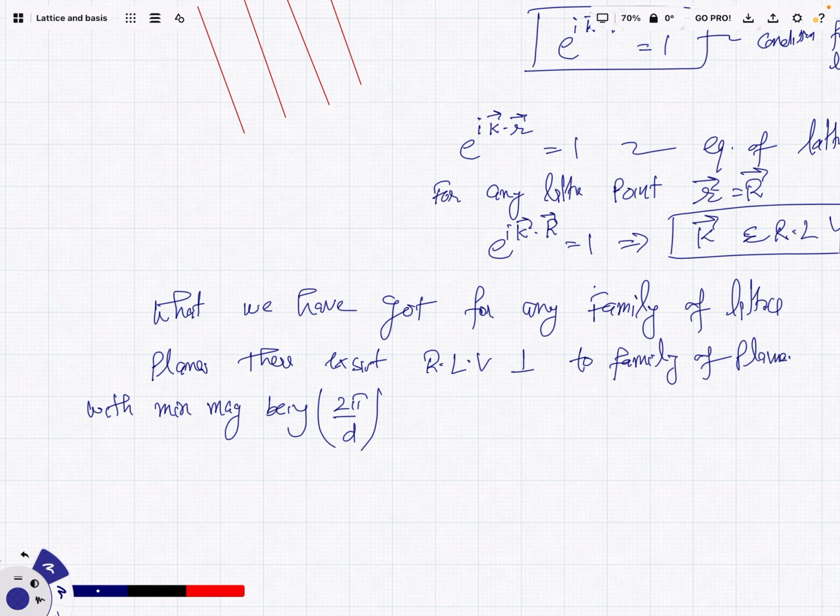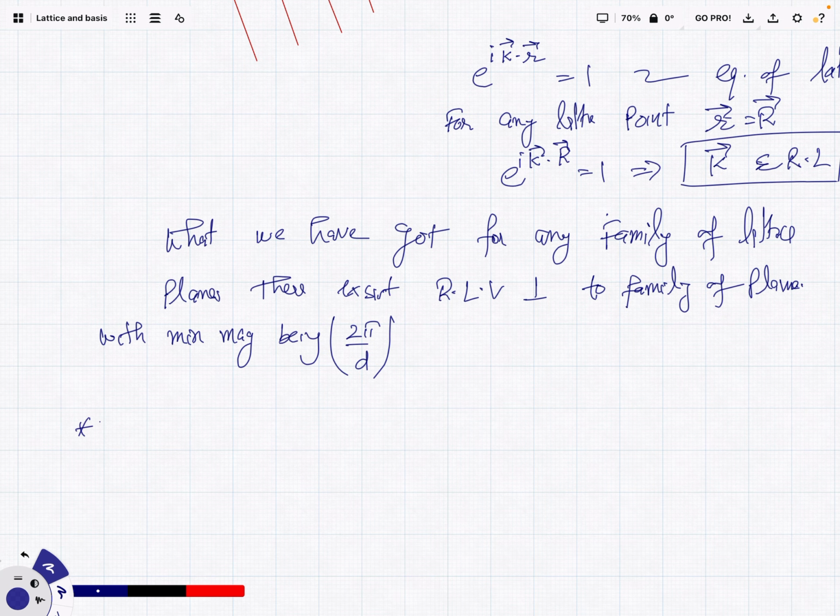Now I will make one more statement. If you take 3 points and make a plane, and then you make a family of planes by some distance d, with the next 3 points and all those things, these lattice planes will cover all the lattice points.